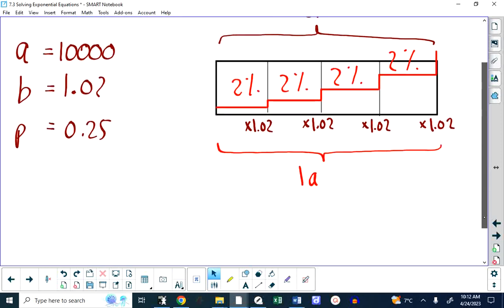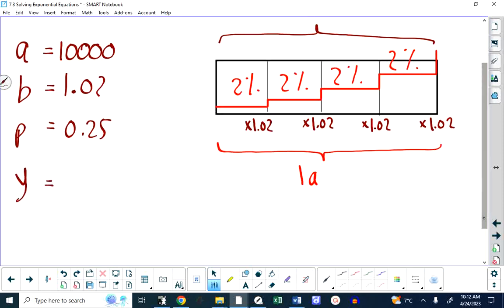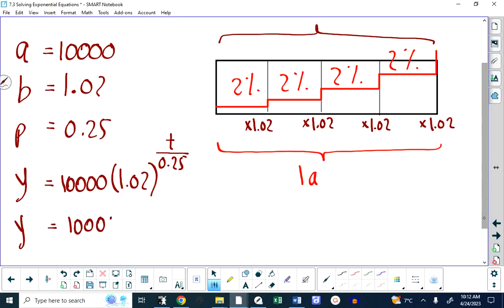So what we end up with is y equals A, which is 10,000, times B, which is 1.02, raised to the t over 0.25. And again, we're going to put 14 in, but I don't want you to use your calculator just yet. I want to show something to you.